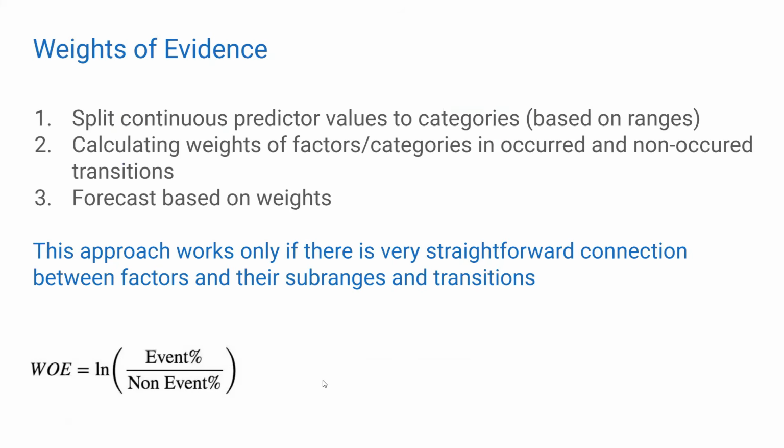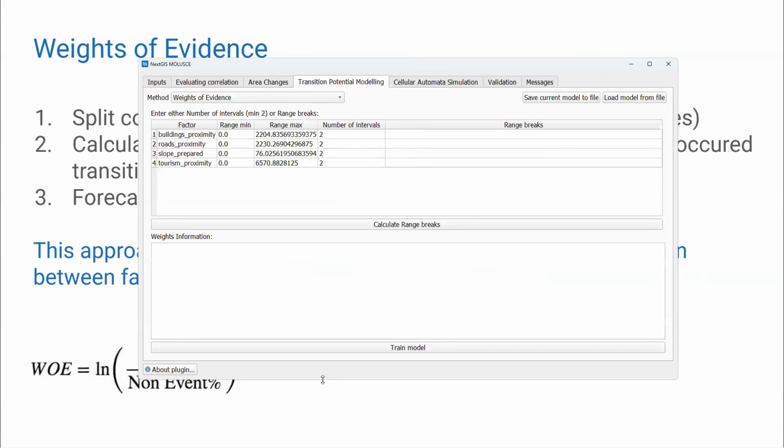Important to say that this approach works only if there is very straightforward connection between factors and their subranges and transitions. So if you know for sure that this distance to roads affects, for example, forest loss very strictly. Usually we don't have such information, but still, for some cases, this method could be useful.